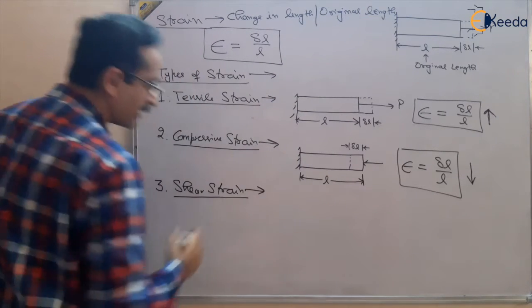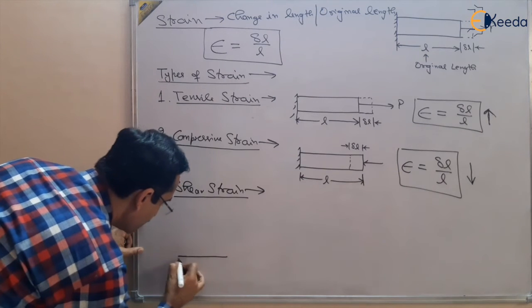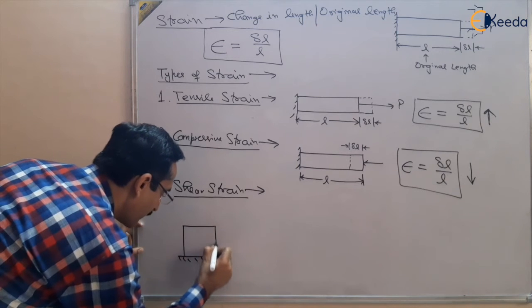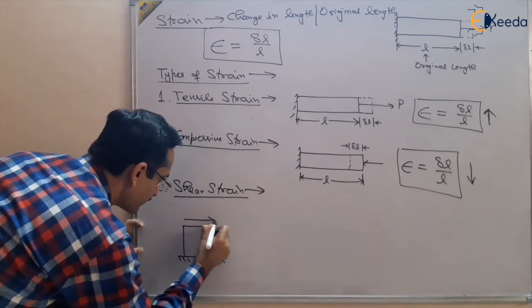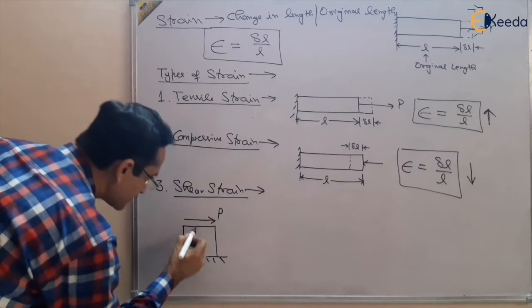And third is shear strain. Shear strain acts when parallel forces are applied to a body. Suppose this is our body and some parallel or transverse force is applied to the body at a certain cross-section area. So there is some change in length of the body.